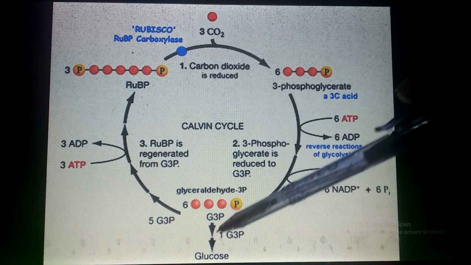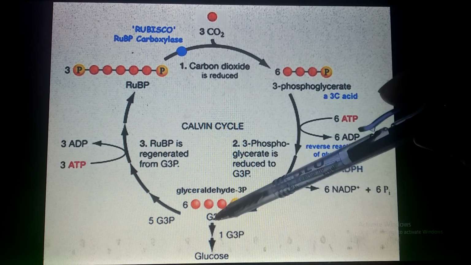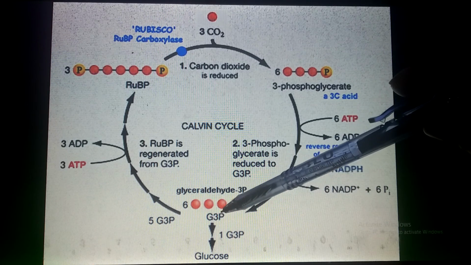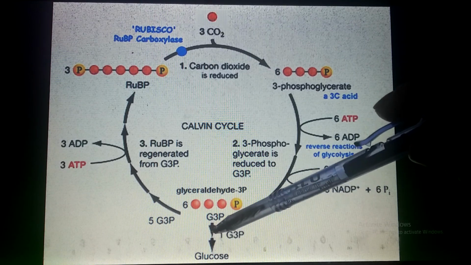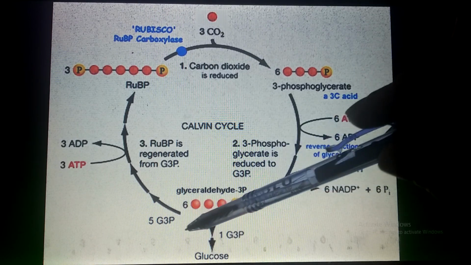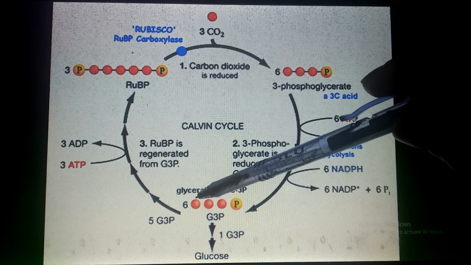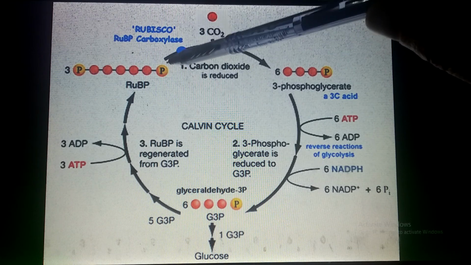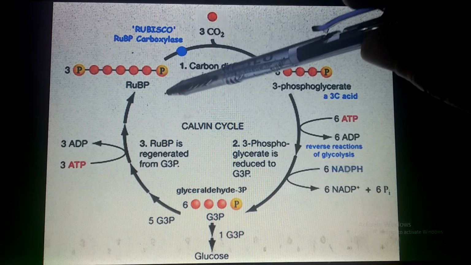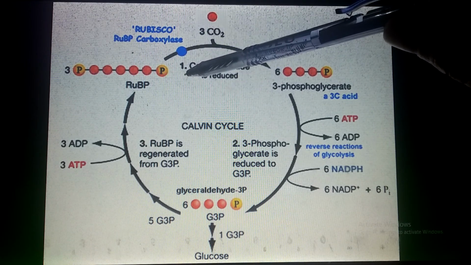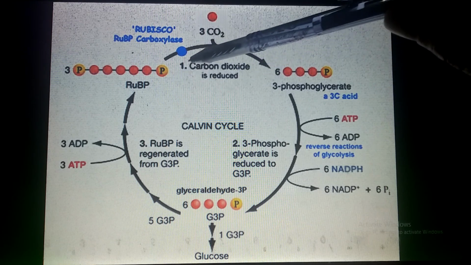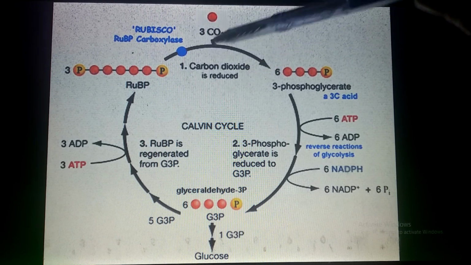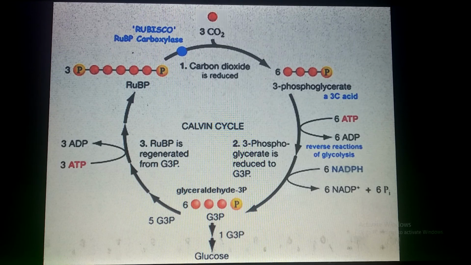So 6, 6, and out of 6 phosphoglyceraldehyde, 1 moves out of that cycle and produces the glucose, and the remaining 5 molecules, which are 3 carbon, produce the 3 molecules of ribulose biphosphate, and this ribulose biphosphate, which is 5 carbon, again reacts with 3 carbon dioxide molecules and produces this.